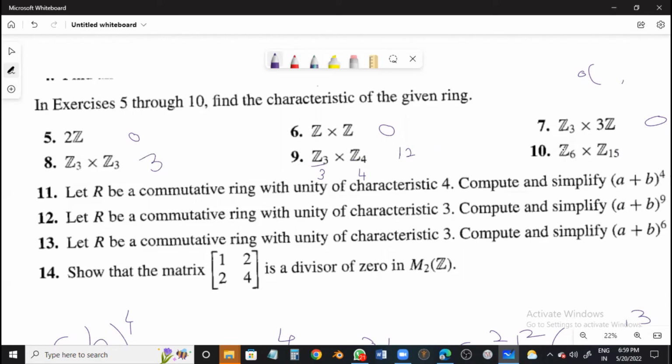What about this? Z6 and Z15? Z6 and Z15, I said. Z6 will have 6 and Z15 will have 15. We want the common multiple of these two.